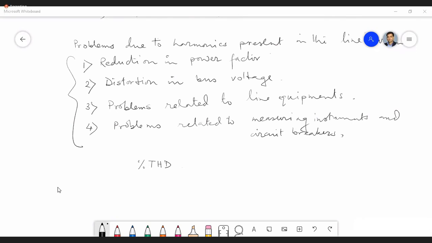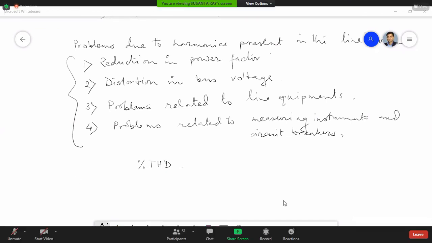So to know how much harmonic is present, what you have to do, if we have the total current, suppose IS, and you know the fundamental part of it, I1, then how you can calculate that distortion?